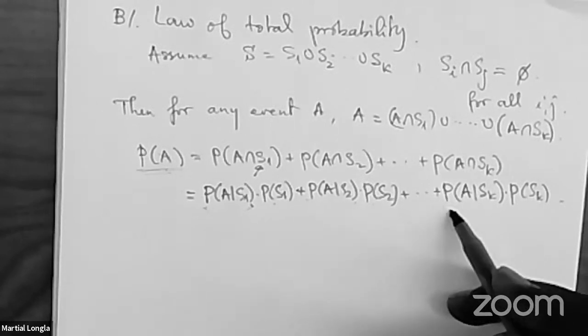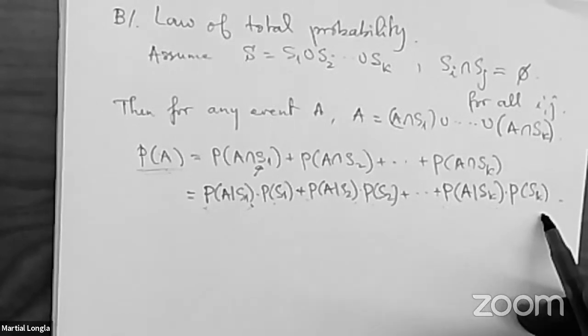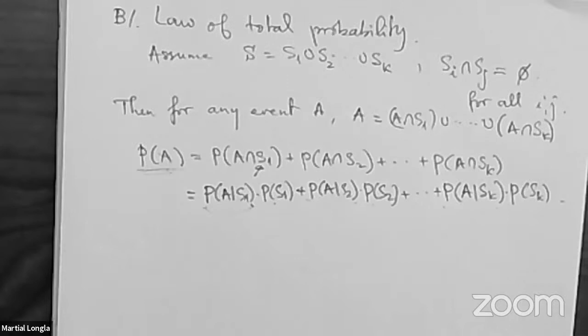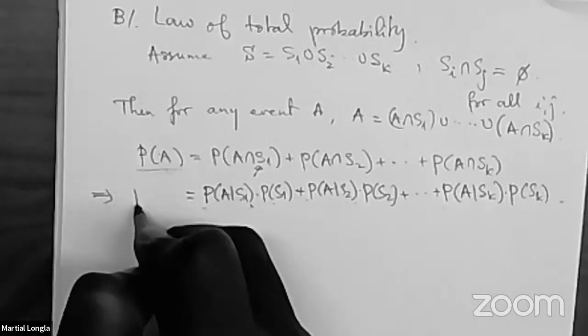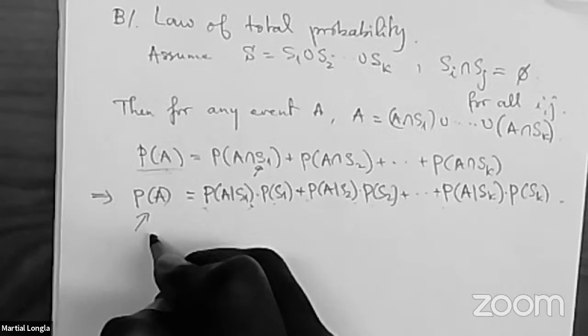It can be defective coming from the k-th times the probability of the k-th. Does that make sense? So this formula is called the law of total probability.